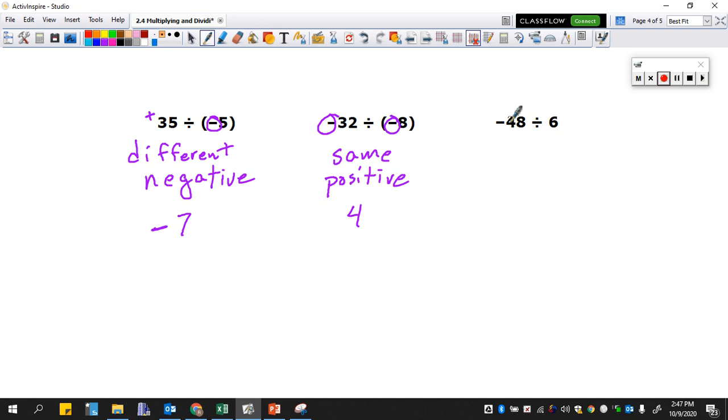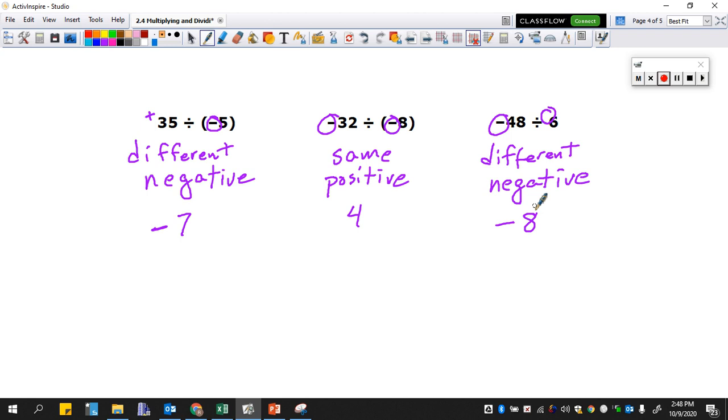And the last problem, negative 48 divided by a positive 6. Remember, if there's not a sign there, it's considered to be positive. So the signs are different, so the answer is going to be negative. 48 divided by 6 is 8. So the answer is negative 8.